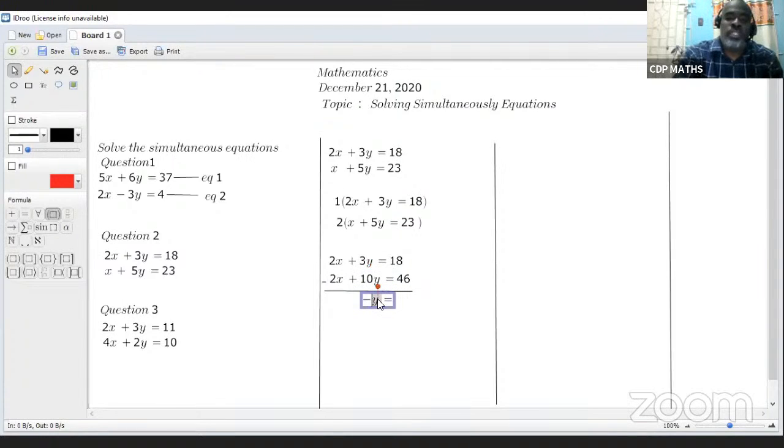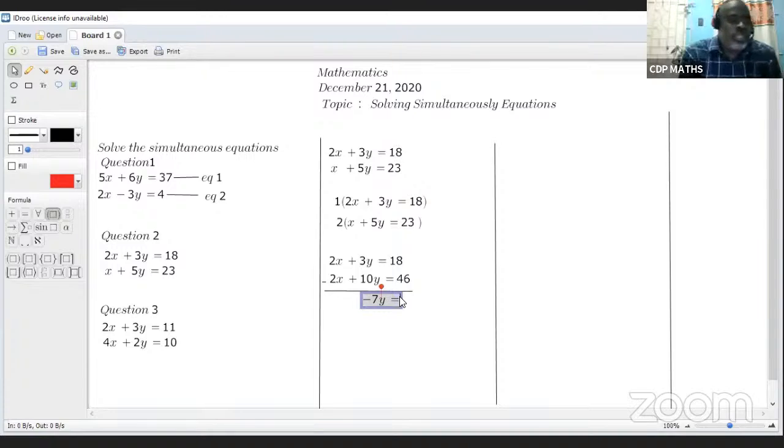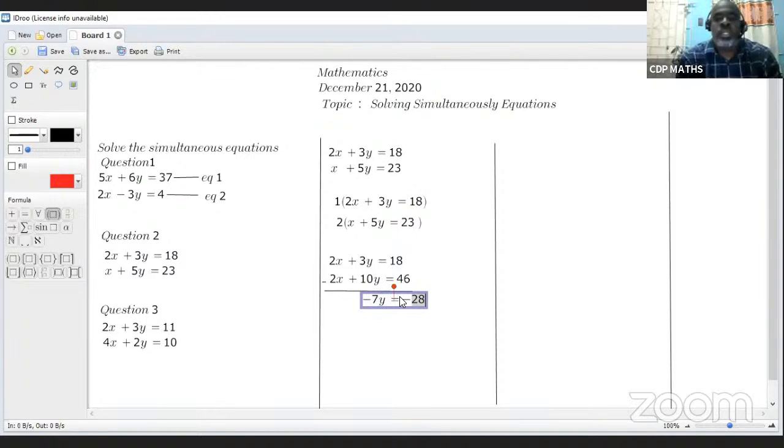You're supposed to have negative 7, right? All right, so 46 from 18 gives you how much again now? Negative 28. Good.